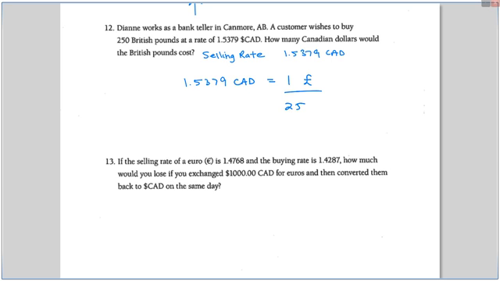And you're trying to get 250 British pounds. So how much Canadian would you have to pay? So 250 times 1.5379, you'd have to pay $384, and after rounding, 48 cents Canadian.